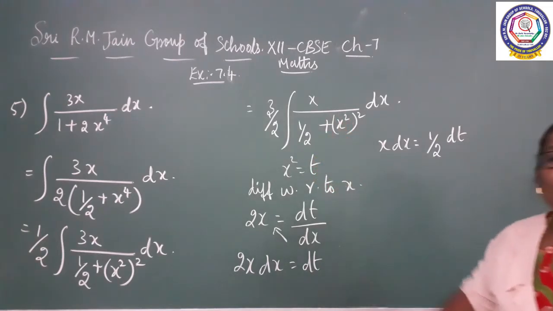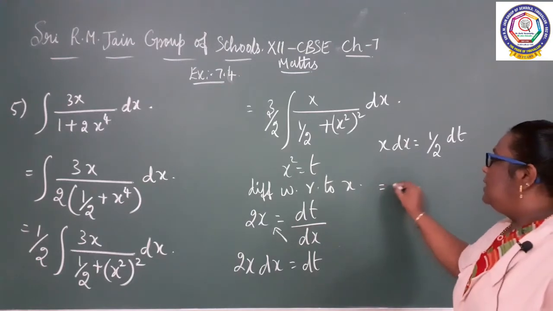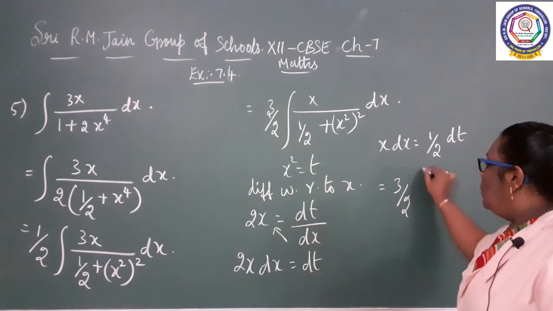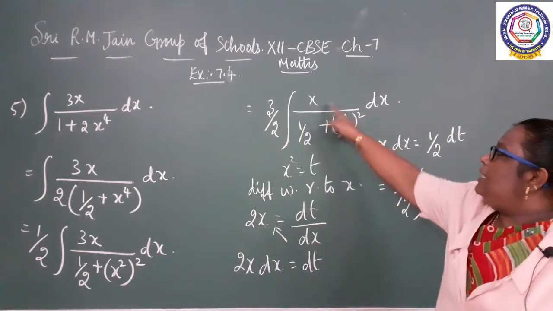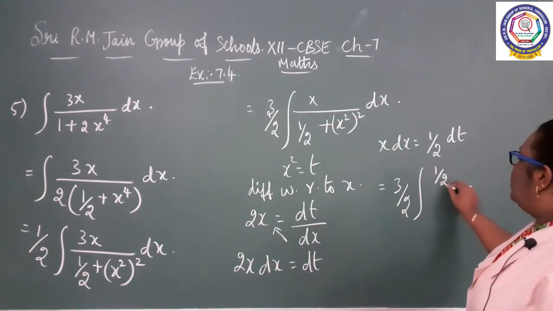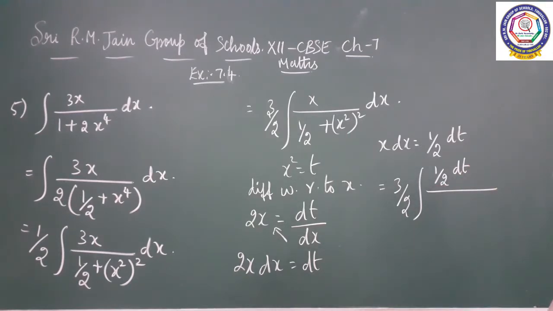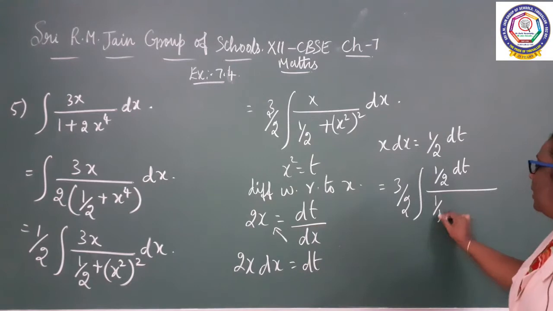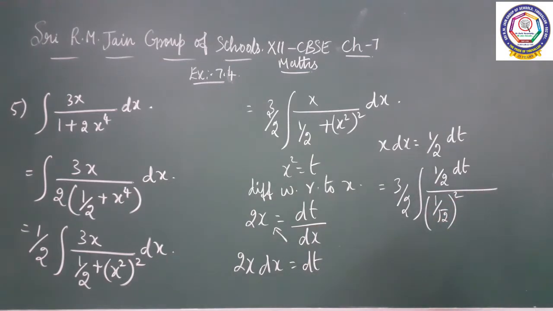So you can substitute all the values in the sum. What value are you getting? See here, 3 by 2 integral x dx, that is 1 by 2 dt, by 1 by root 2 the whole square plus what is the value of x square?